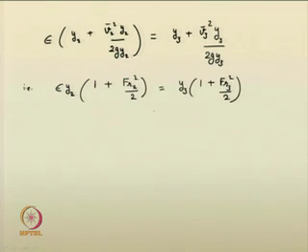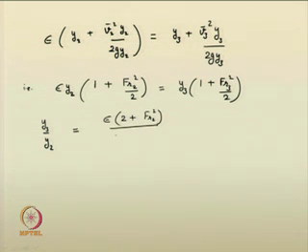I am just modifying the quantities now. You can find it as a ratio, y3 by y2, which is equal to epsilon times (1 plus Fr2 squared by 2) over (1 plus Fr3 squared by 2), or you can cancel the 2 from the denominator and multiply: 2 plus Fr2 squared by 2 plus Fr3 squared, like this also I can write.